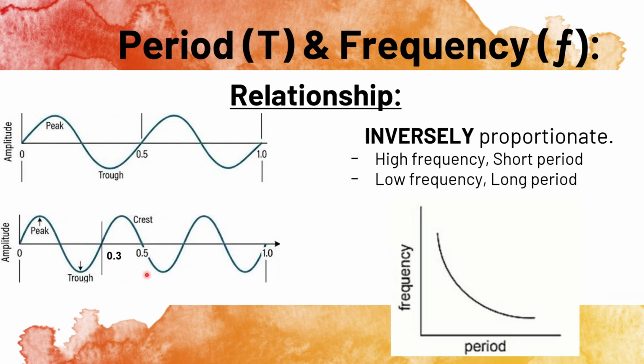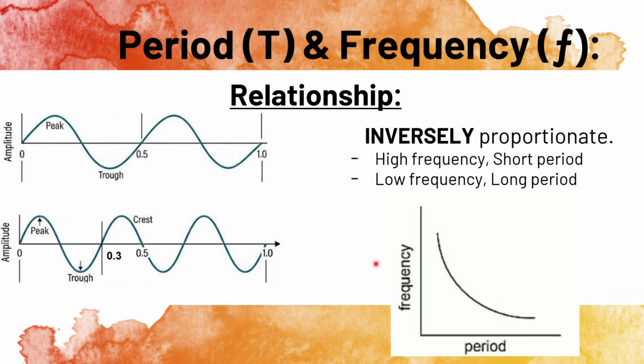In the second illustration we can see that the period now is 0,3 seconds. So the time taken to complete one wave pulse is now less. So therefore we can see the higher the frequency becomes, the shorter the period becomes.